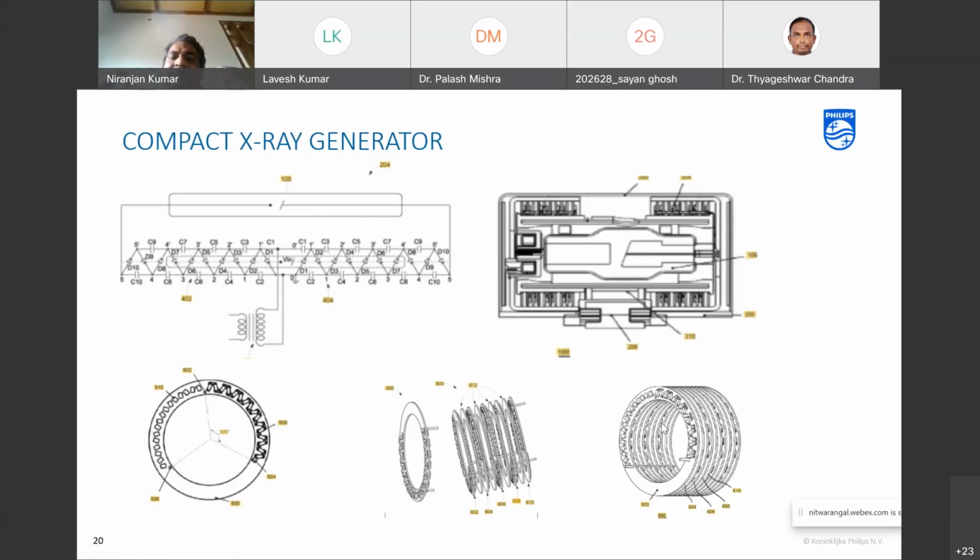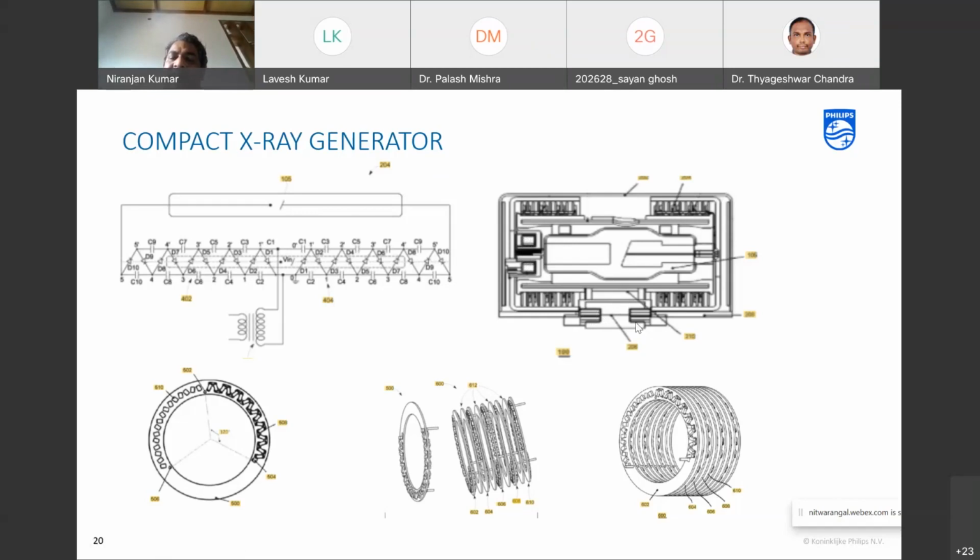This was an X-ray generator of less than 10 kg, giving 4 kilowatts and 100 mA. A lot of work has gone into the packaging. Here is the high voltage transformer, and this is the filament isolation transformer. All of this works at 300 kilohertz so that everything is very compact, and the capacitor required is very small.